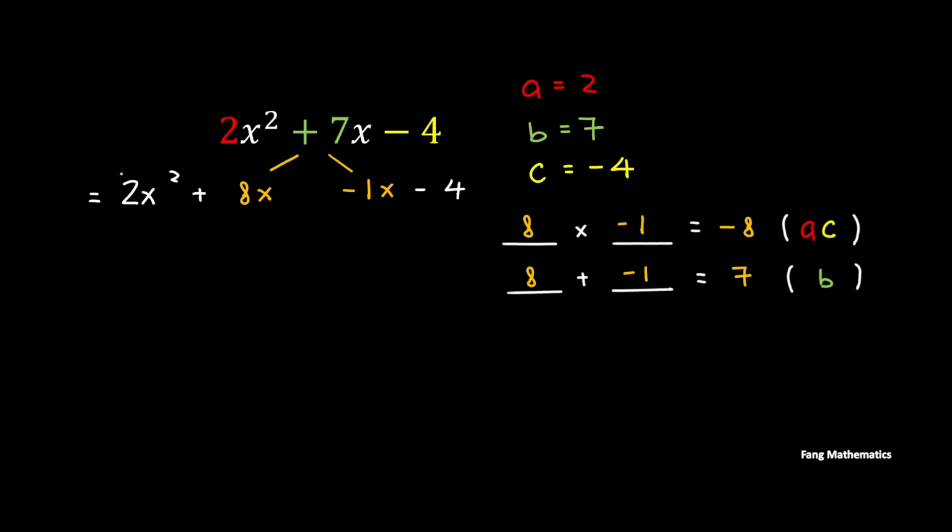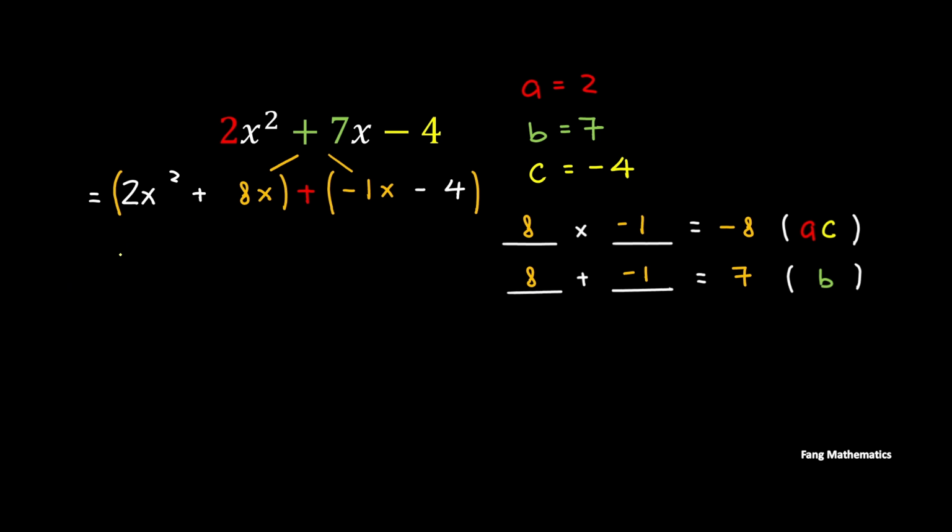We are to apply the grouping method to each two terms in the expression. So remember, you are to include the minus sign in the expression, and we are to put a plus in between the two parentheses. And the next step, we are to factorize the highest common factor in each parenthesis.